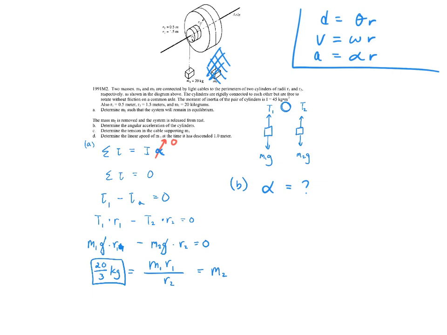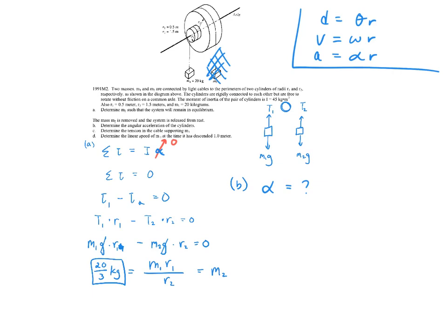So we're trying to figure out in this problem what alpha is for part B, the angular acceleration. So the key is to recognize that we do not have a system that's currently in equilibrium anymore. If equilibrium still existed, then alpha would be 0. So we must have some sort of system that is rotating at some rate.